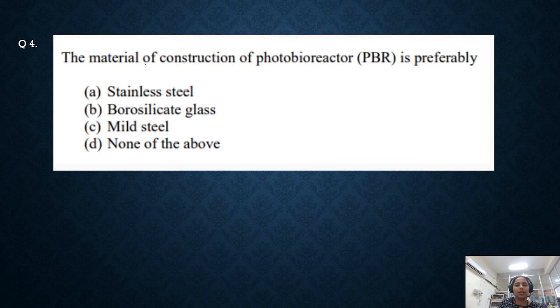The material of construction of a photobioreactor is preferably... So in this question they are talking about photobioreactor. All of you have studied about photobioreactor. So can anyone tell me what it is, or why it is called a photobioreactor?